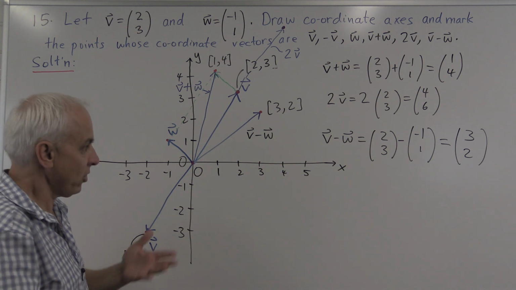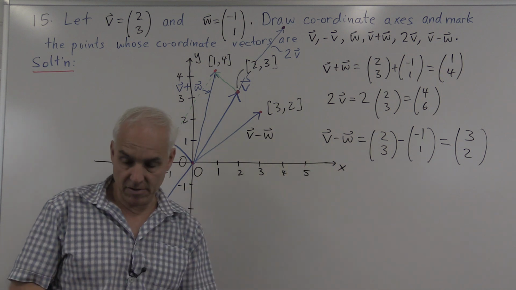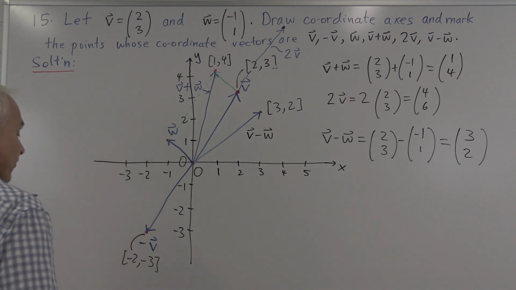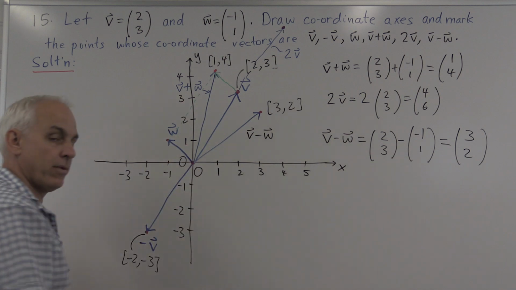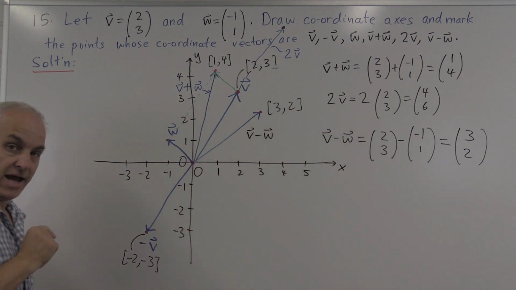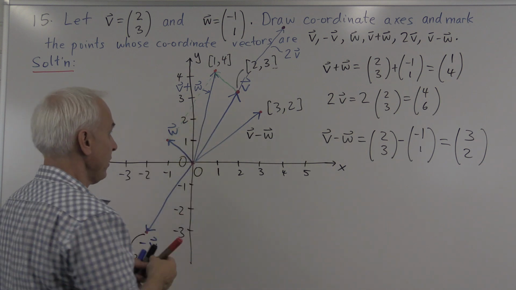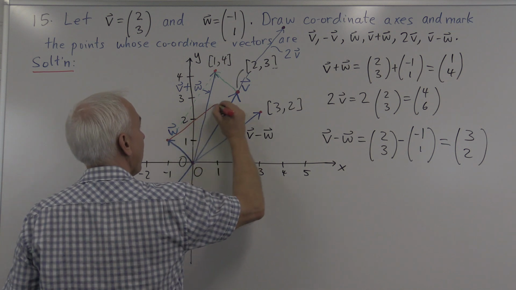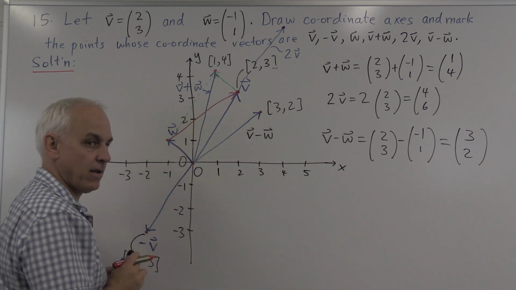And the physical significance of v minus w, the difference of 2 vectors, is very important in vector geometry. It's what you get when you look at the vectors v and w, and you go from the head of w to the head of v. So let me draw it in red. Okay. So this vector here, that goes from the head of w to the head of v.